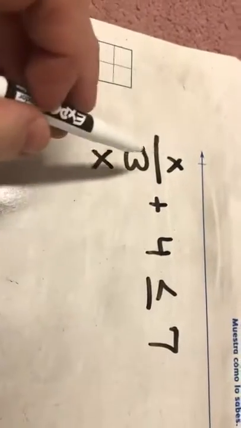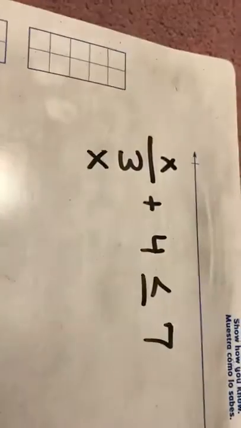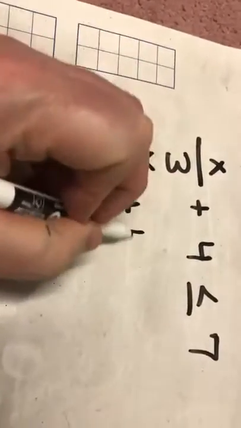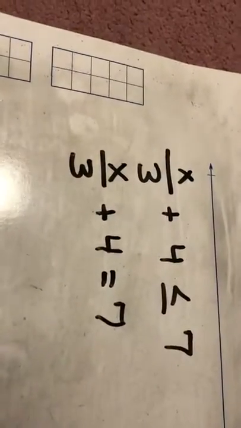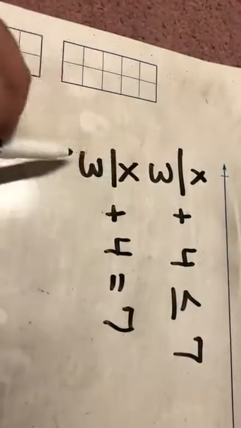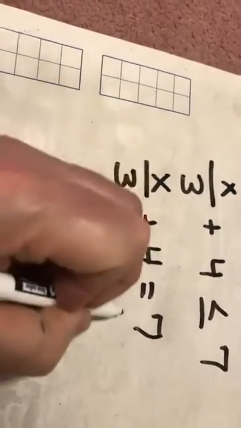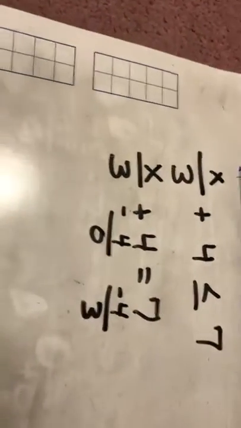So with x over 3 plus 4 is less than or equal to 7, this is going to become x over 3 plus 4 equals 7. I'm trying to solve for x. Now I need to isolate the x over 3 by subtracting the 4 from both sides. So 7 minus 4 is 3.